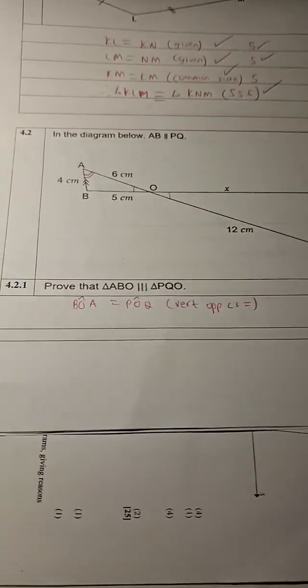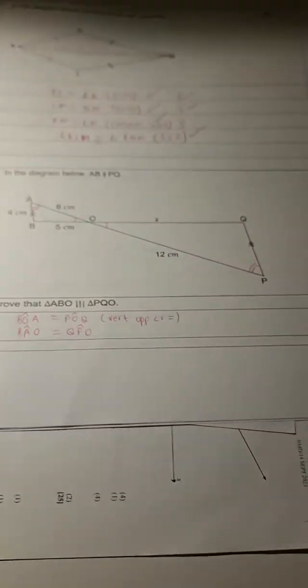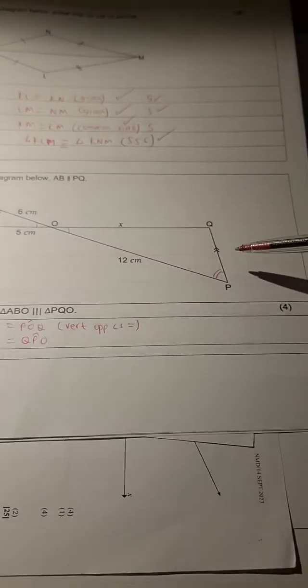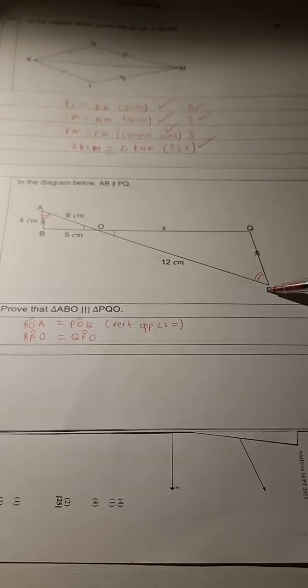Angle BAO is equal to which angle? Angle QPO. Can you see that? Angle BAO is equal to angle QPO.